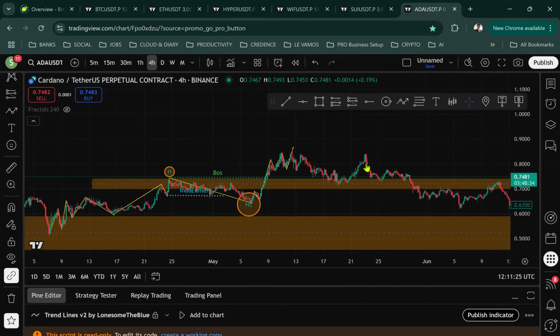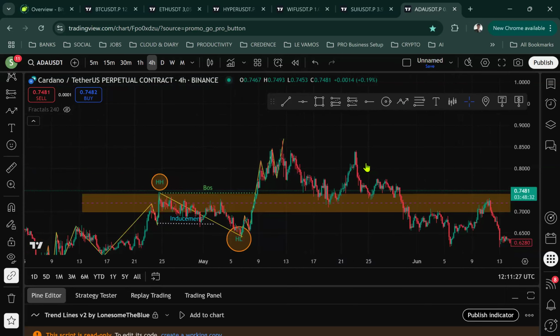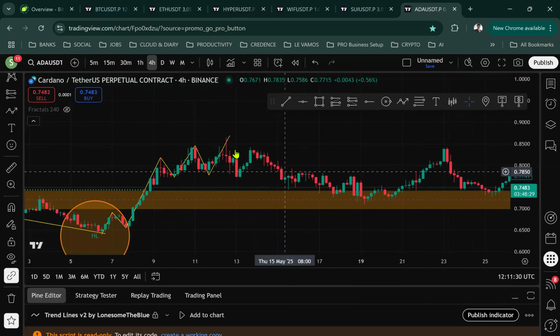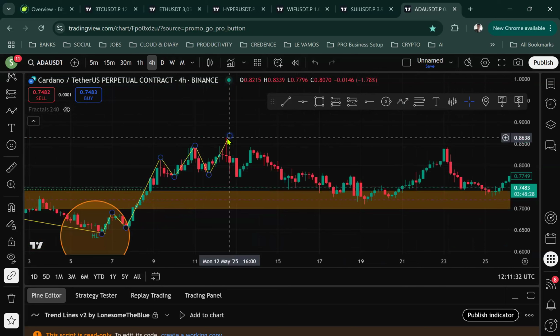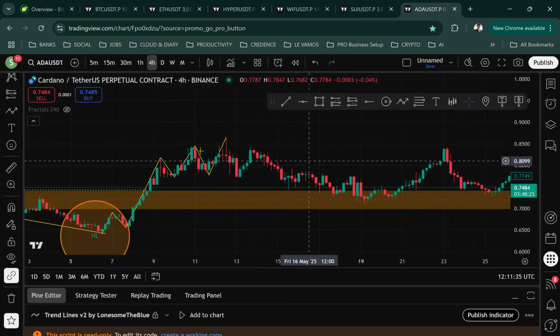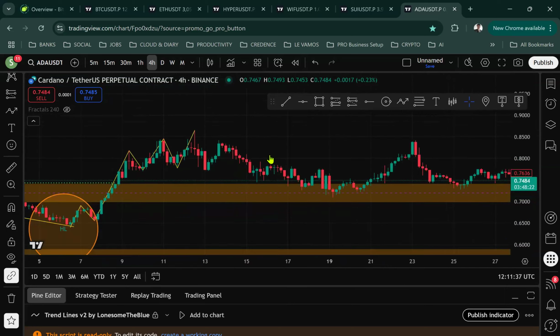This is the highest point of that impulse. I'm always having confusion about this kind of ending areas.